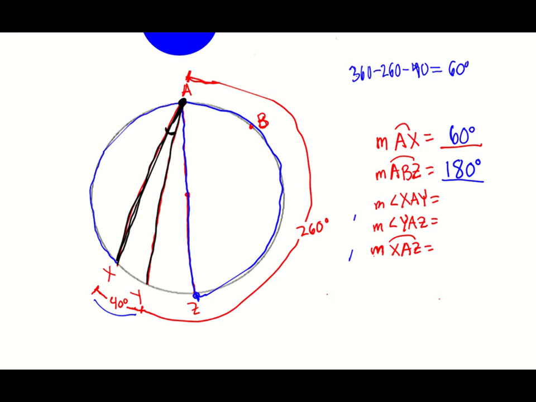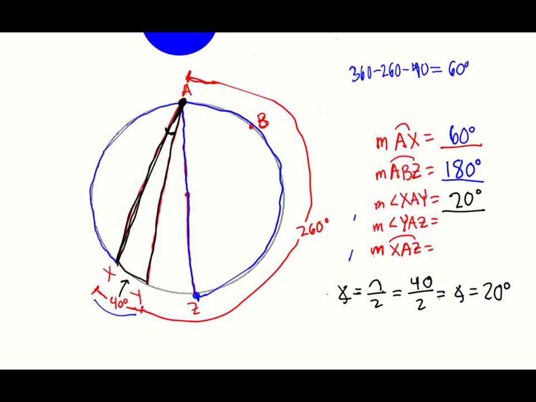Our formula for a vertex on the edge of our circle is our angle equals our arc over 2. We know our arc is 40 degrees. We can plug that in, and that means our angle equals 20. So XAY is 20 degrees.